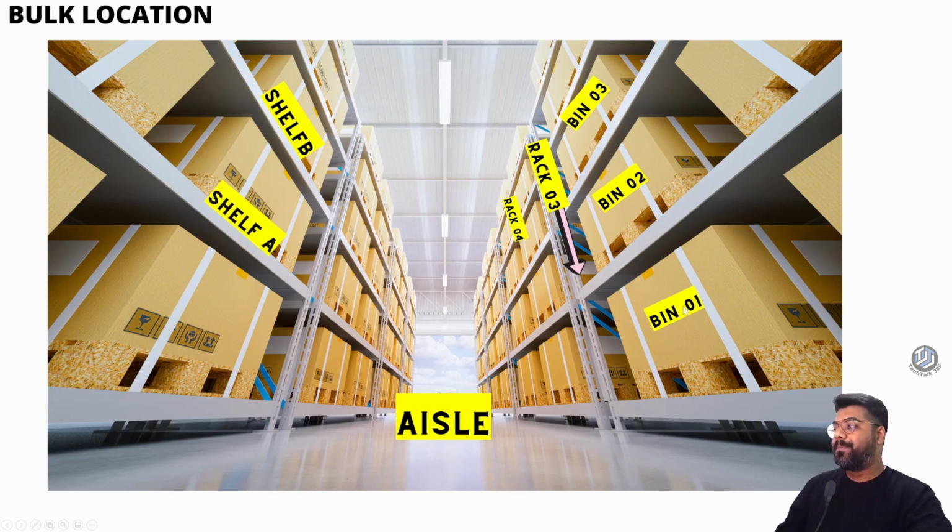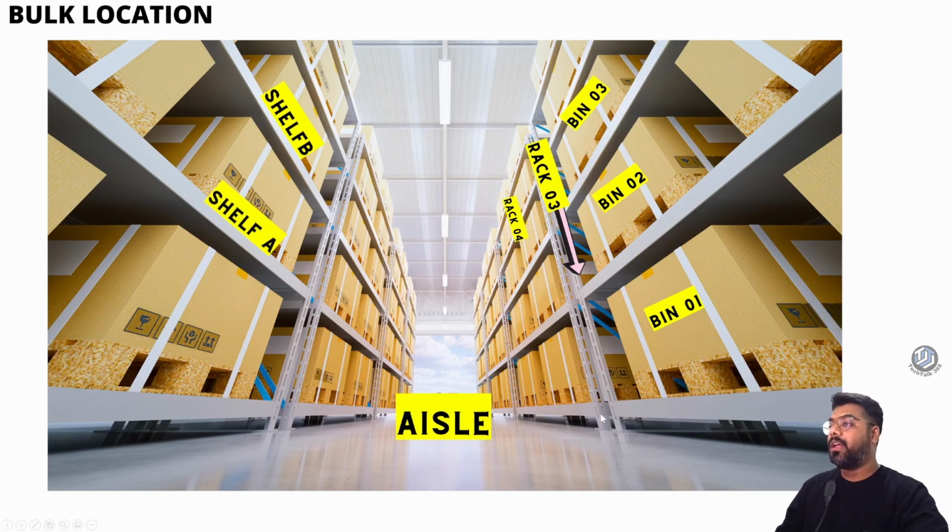In order to represent a location so that it's easier for my warehouse picker to exactly understand the location of the part, directly go there with the forklift, pick it and put it in the picking area, in order to do this very fast, you need to have your location ID as a combination of all of this. Example, A01, shelf A, so A01, SA, rack 3, so R3, B01.